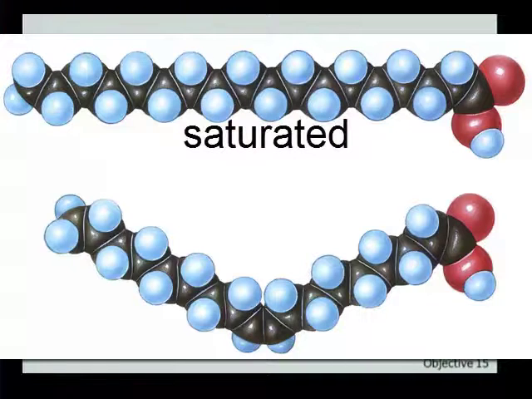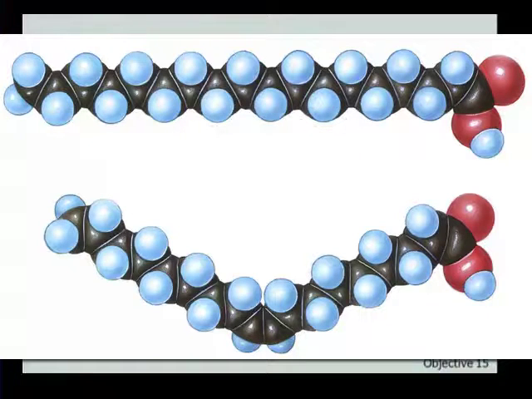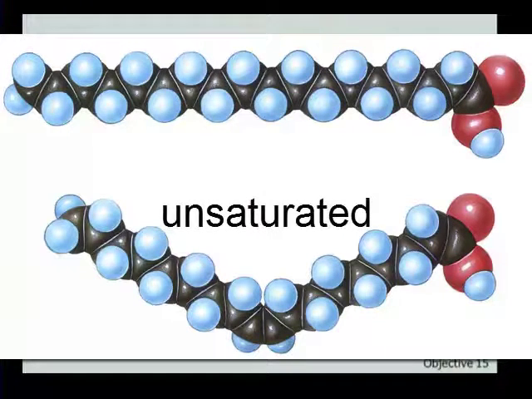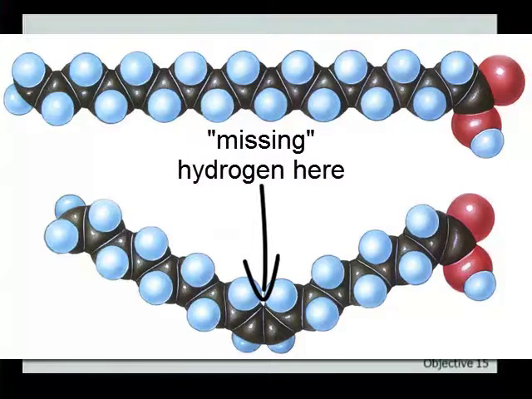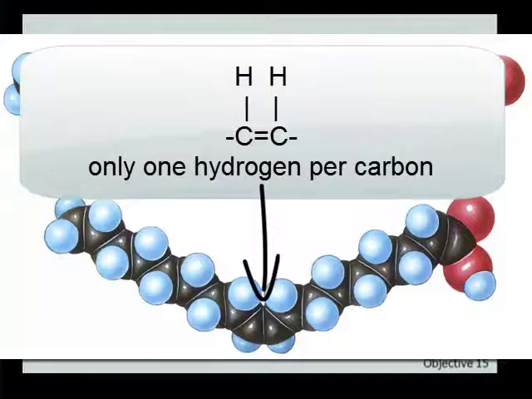So when we say saturated, what we're talking about is that each carbon atom is filled with hydrogens. In other words, saturated means no double bonds, no kinks in this molecule like we see at the top. Unsaturated molecules are called that because they don't have all the hydrogens that they could possibly take. We could think of them as missing hydrogens. That's because the double bond excludes hydrogen at the point where it occurs.